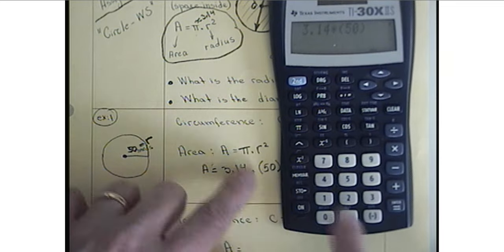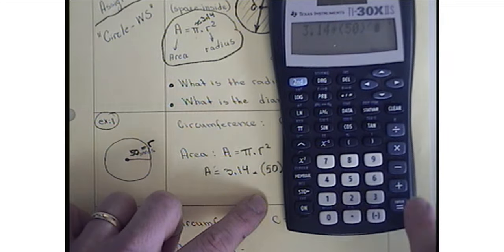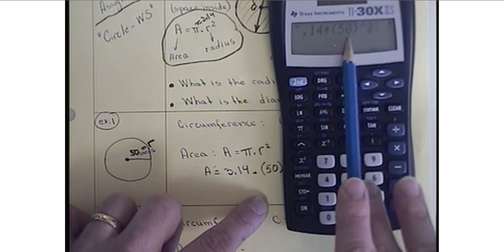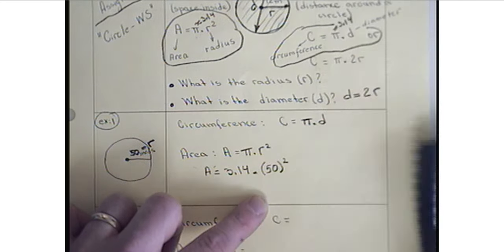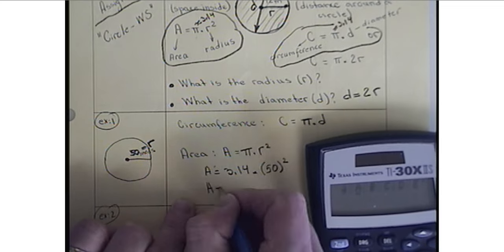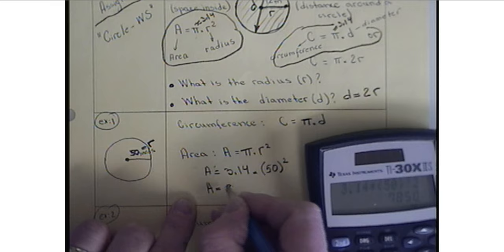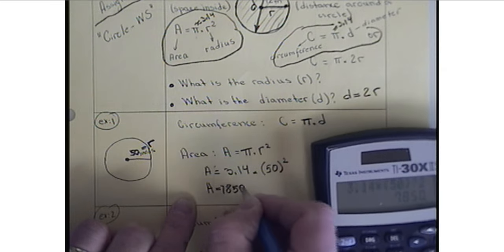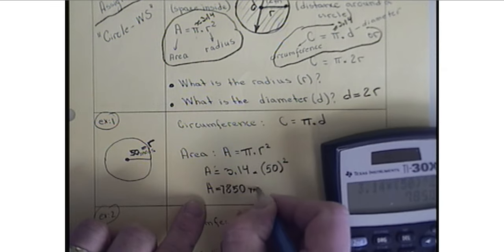Let's say I'm going to use this one over here and we'll type number 2. That shows me 50 to the second power. And this will be equal to, and we get 7,850. So the area of this circle is 7,850 yards square.